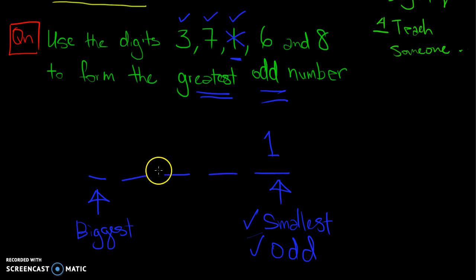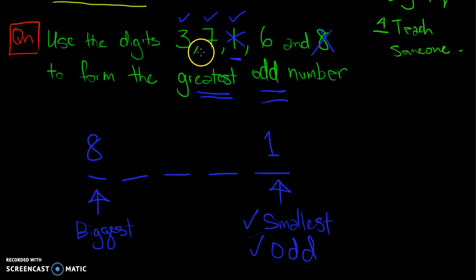Now, what I can do is arrange the rest from the smallest to the biggest or the biggest to the smallest. It's up to you, because now it's just rearranging the numbers. You don't even care whether it's odd or even. So I choose to start from the biggest. Of 3, 7, 8, 6, obviously 8 is the biggest, so I fill up 8.